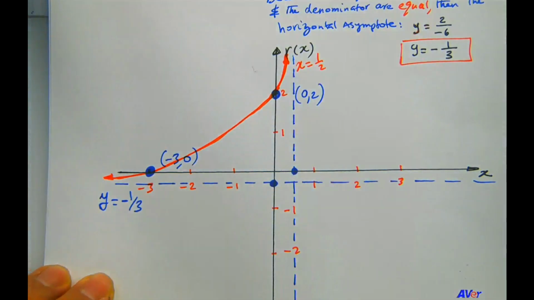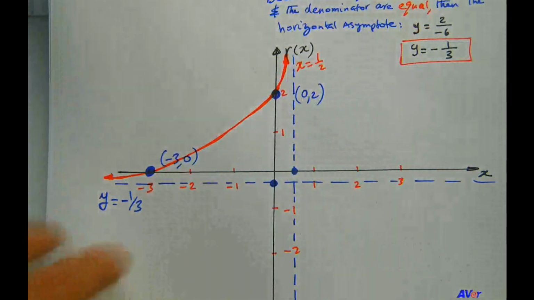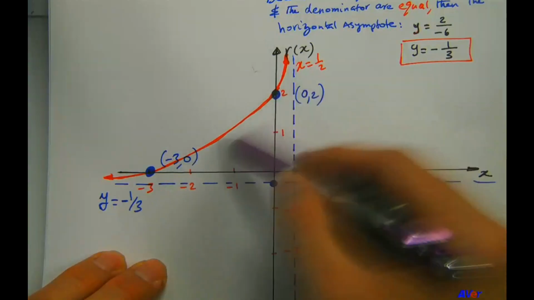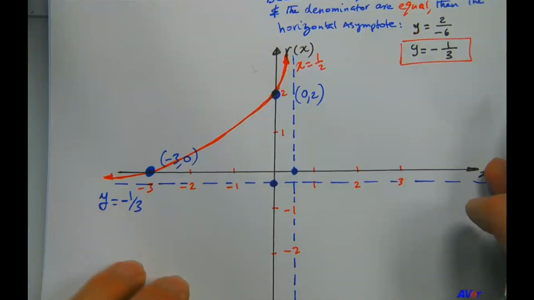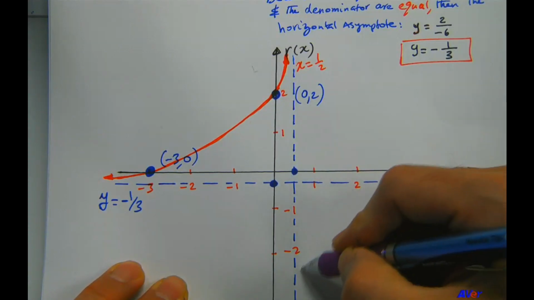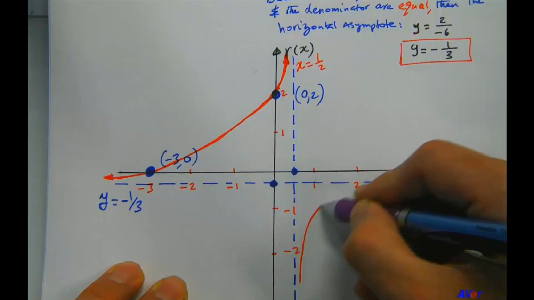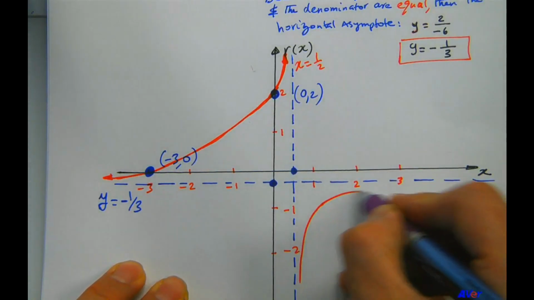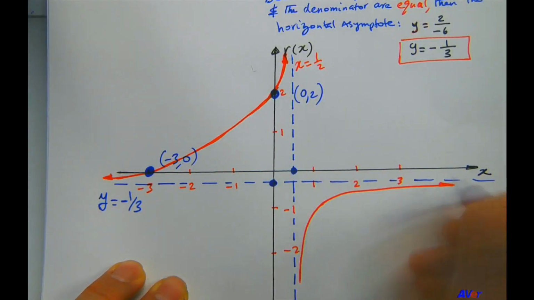As we were talking about earlier, every rational function has a split graph. So if one piece is on that side, then the other piece has to be on this side, right? So let's draw it. The other piece is going to be over here, like that.